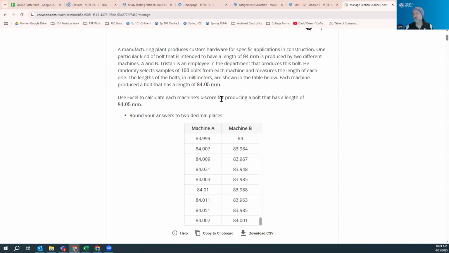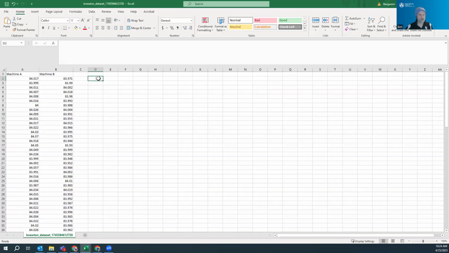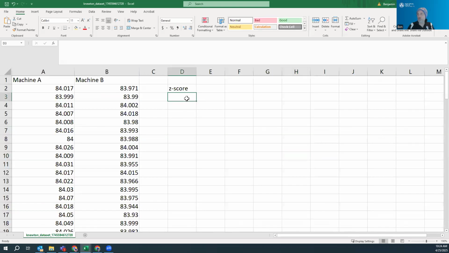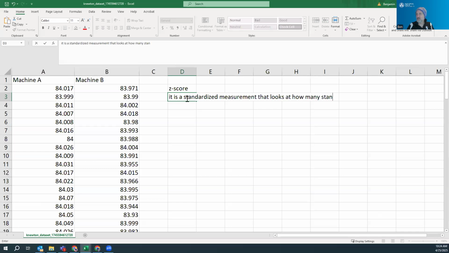So the thing we need to know about the Z-score: in words, what is the Z-score? It is a standardized measurement that looks at how many standard deviations away from the mean a single data point is.